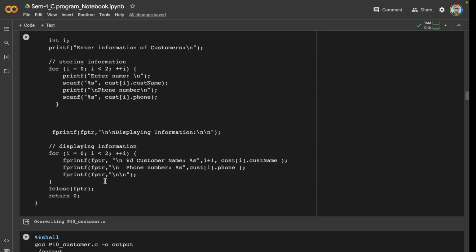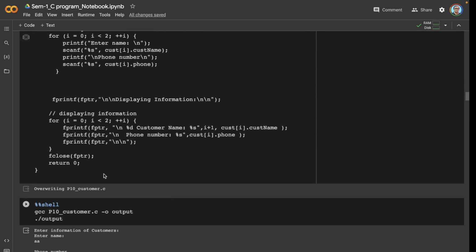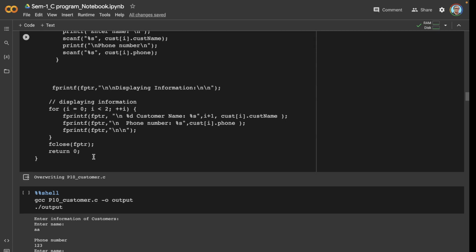So in the file fptr we store the customer name and customer phone number for the two customers, and fclose(fptr). So we close the fptr file pointer and return 0.